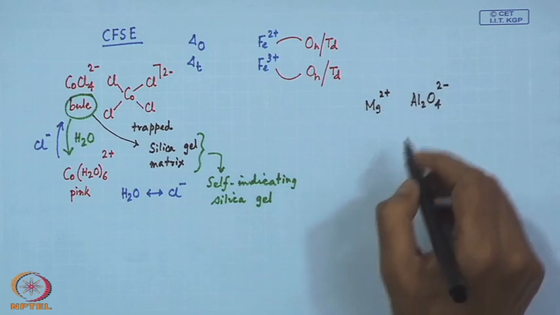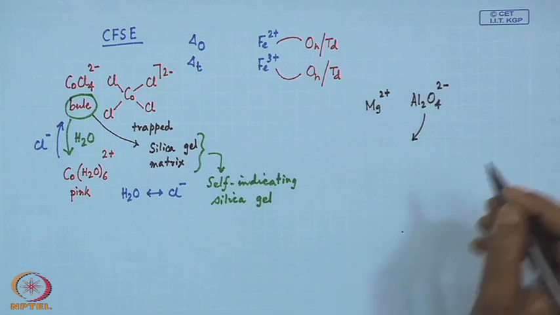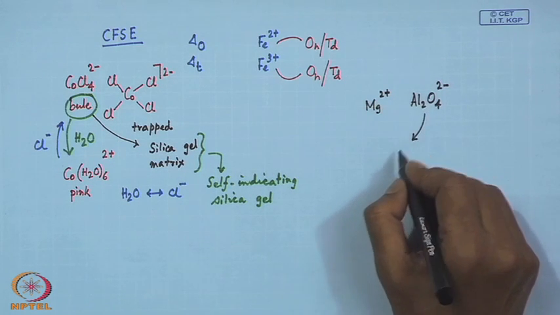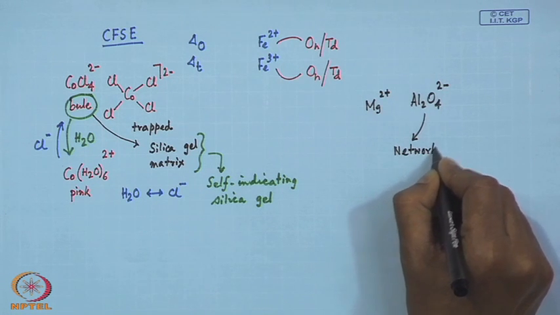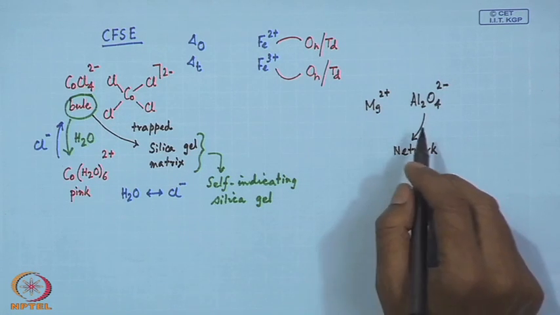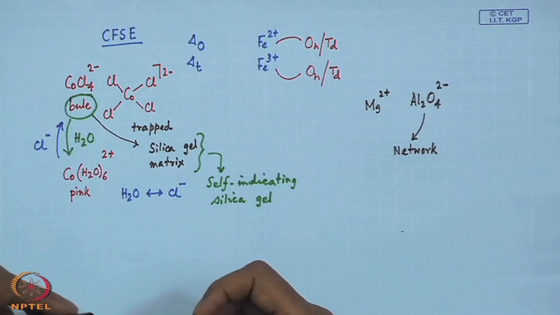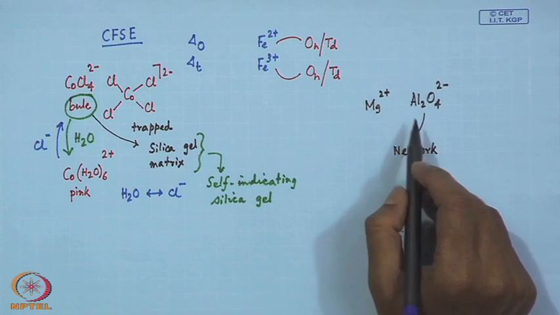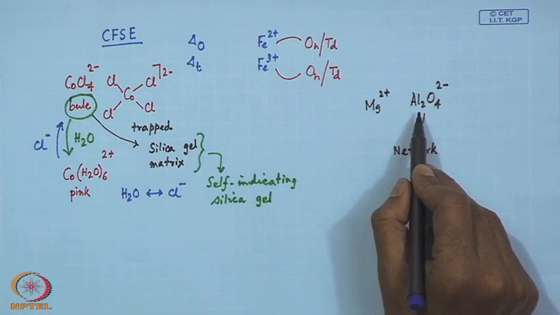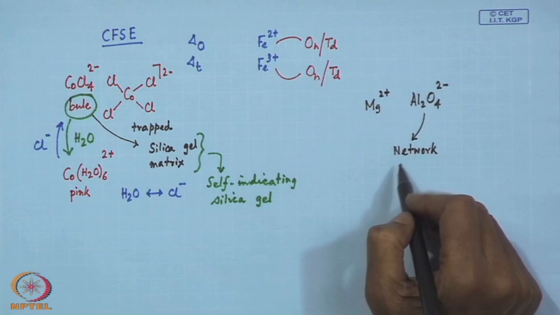So, if we have the corresponding network based on aluminum and oxygen, so in solid state we will have a typical arrangement of these oxide anions and several or certain positions are designated or earmarked for the occupation of these aluminum ions over there.